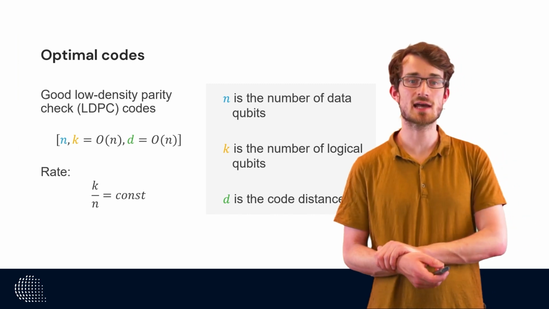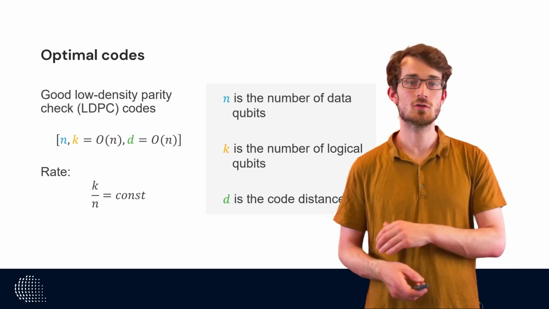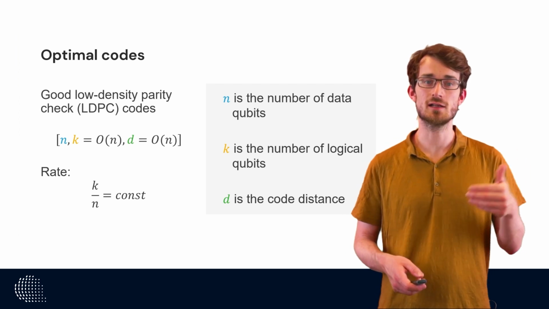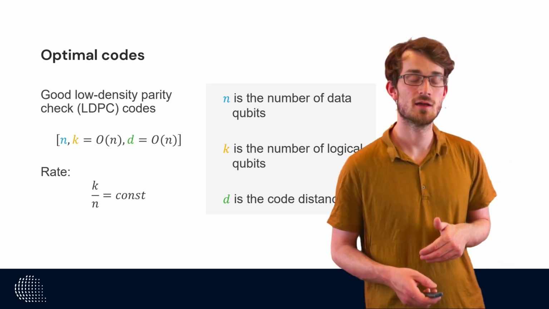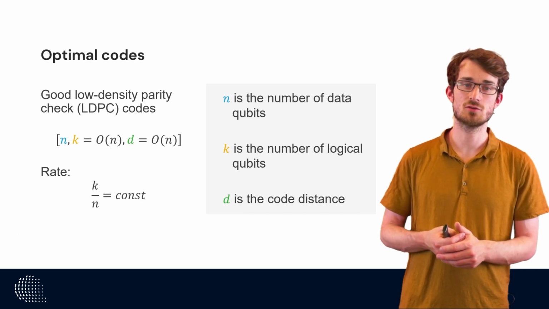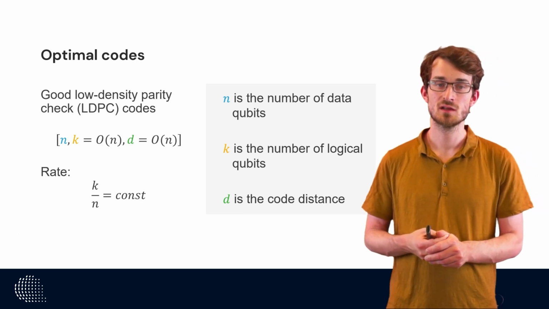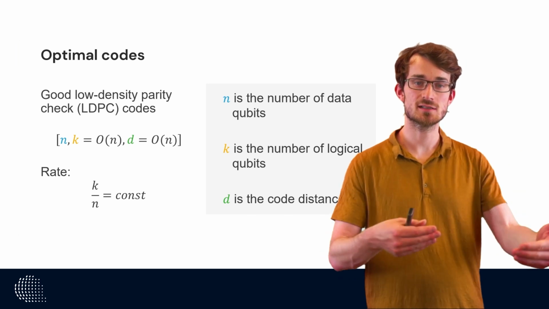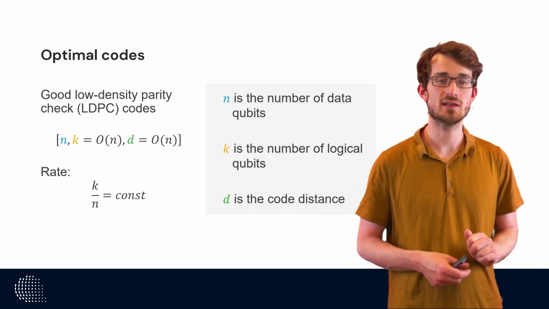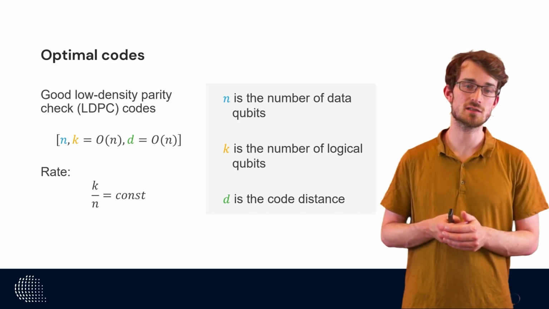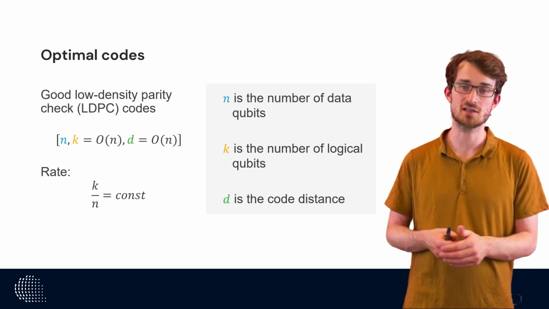There exists a certain type of error correction code called the good low density parity check codes, or good LDPC codes for short, that has the property that in the limit of large number of qubits, the number of logical qubits and the code distance still scale approximately linearly with n, which is the number of qubits, meaning we have a constant rate, at least asymptotically.